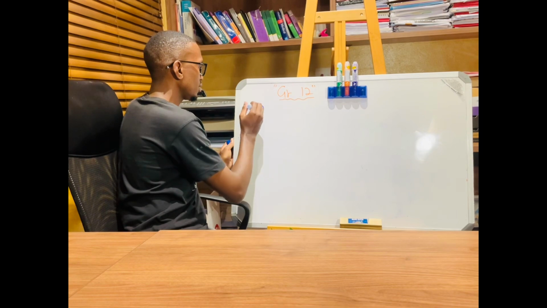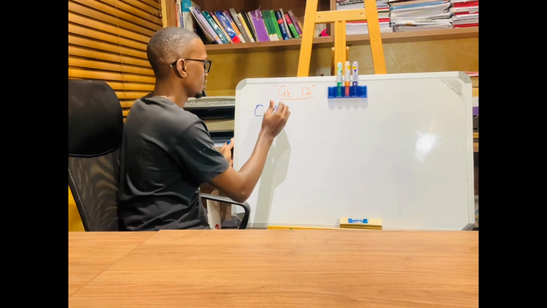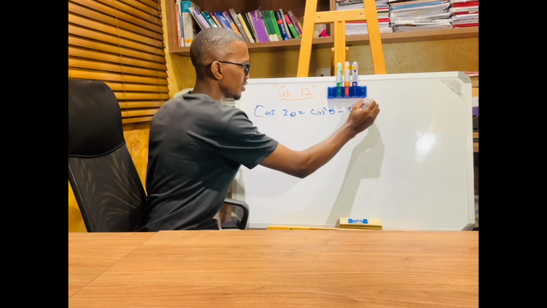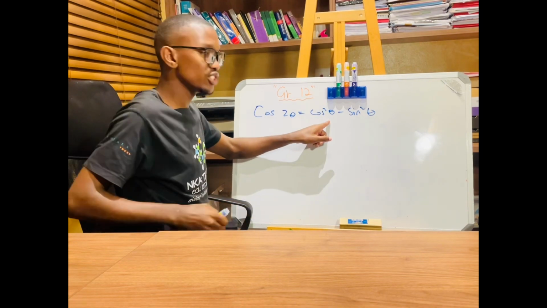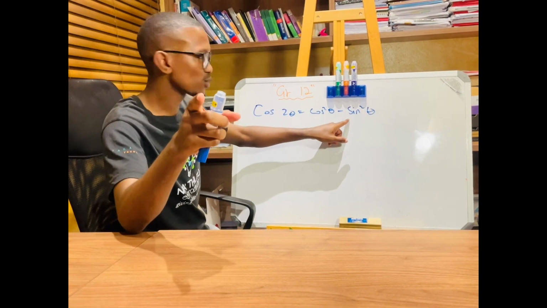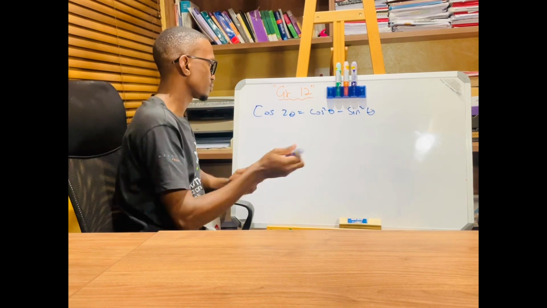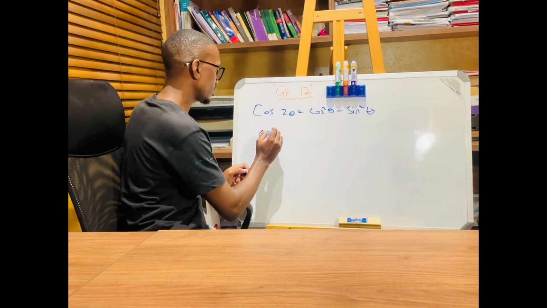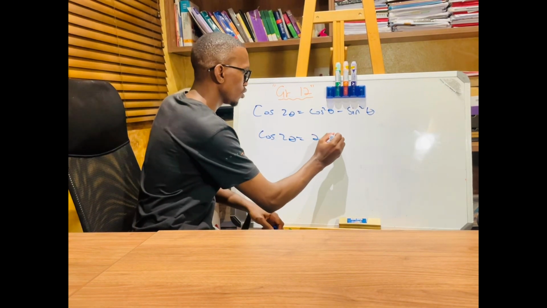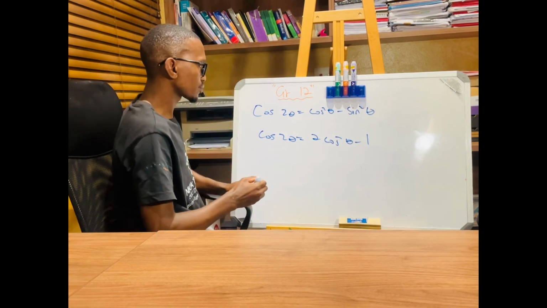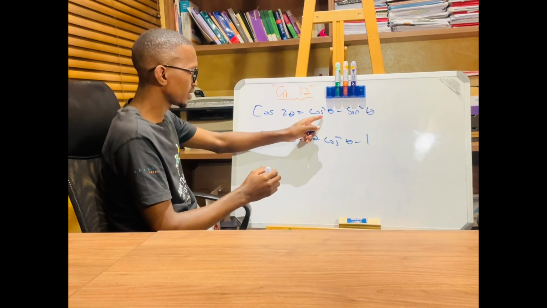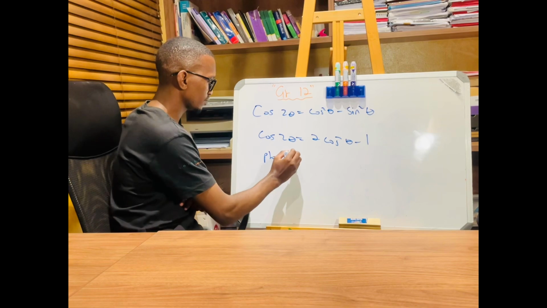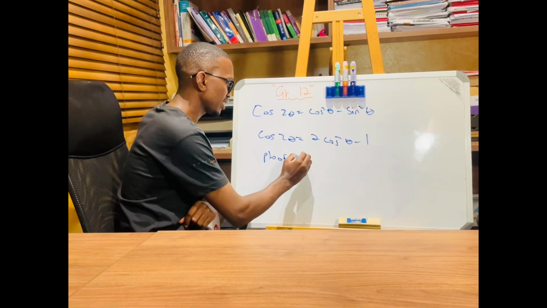So guys, remember cos 2 theta, we said equals cos squared theta minus sine squared theta. So what must I do? I'm going to change one of these. Remember, you know the square identities. If you want to prove that cos 2 theta is 2 cos squared theta minus 1, you must prove this side, which is your right hand side.